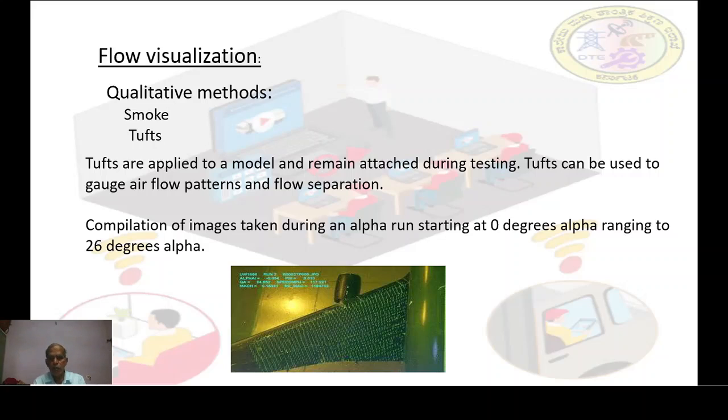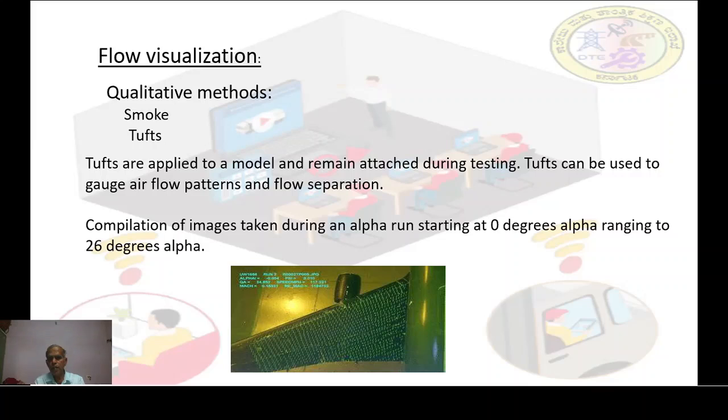Smoke is used to visualize the flow that is away from the surface of the model. Smoke can be used to detect vortices and regions of separated flow.